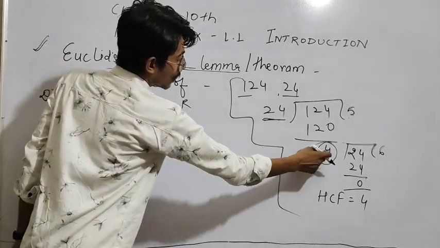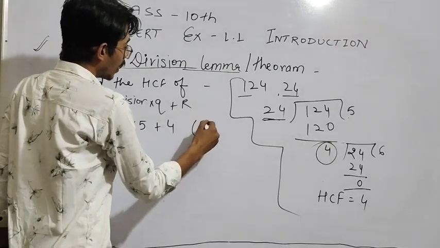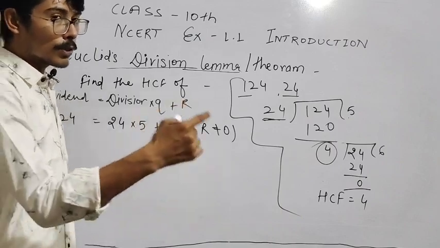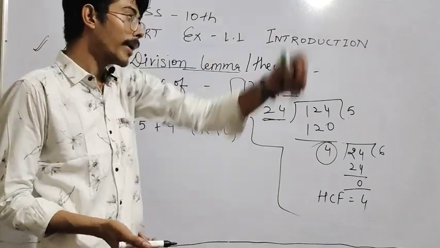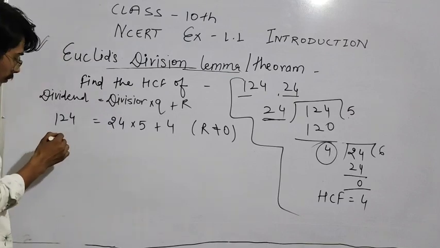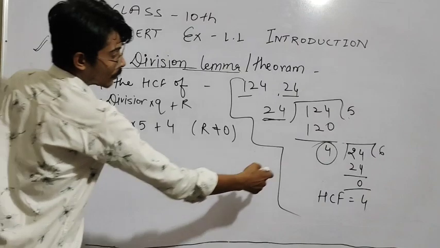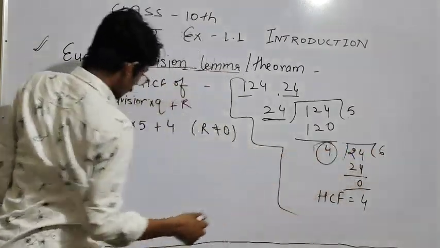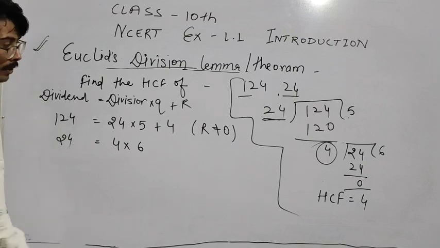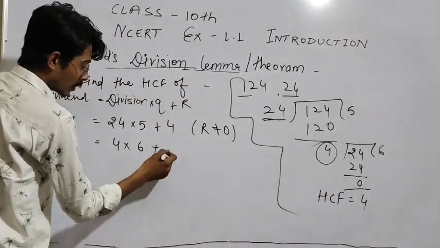plus this remainder 4. You can see that our remainder is not equal to 0. It means we should move on. थोड़ा सा और आगे चलना पड़ेगा. Next step, this 24 can be written as 4 multiplied by 6, plus what is the remainder? 0.